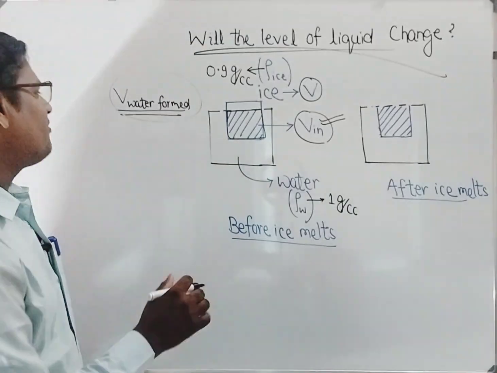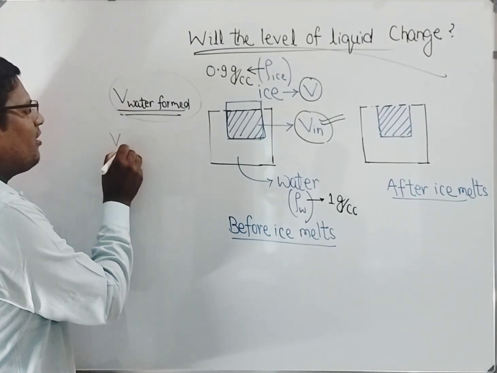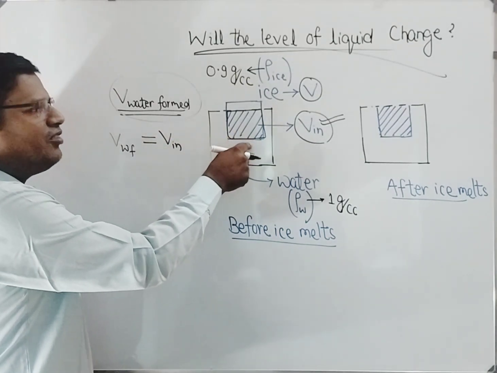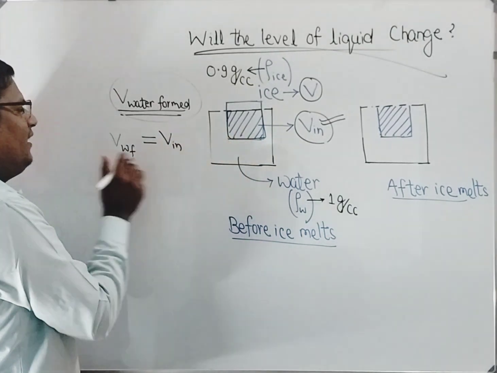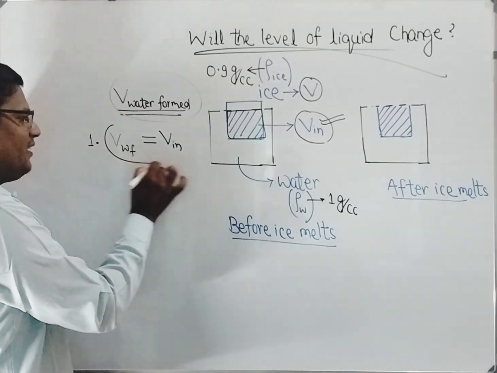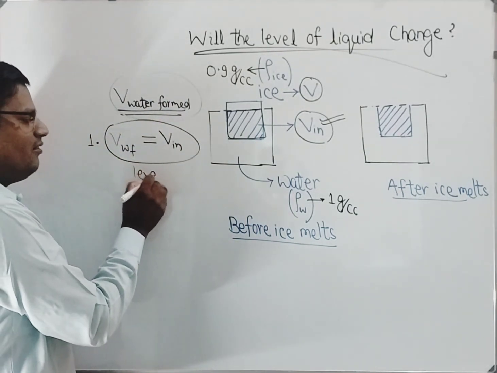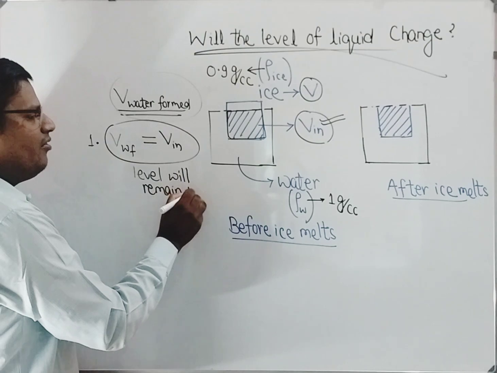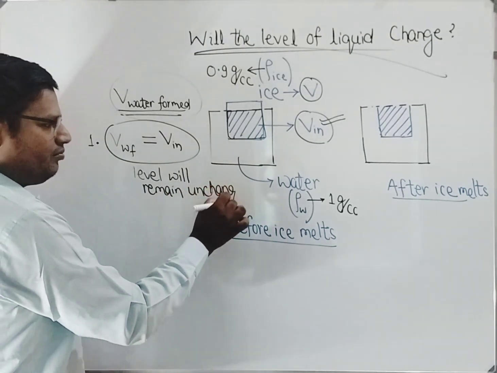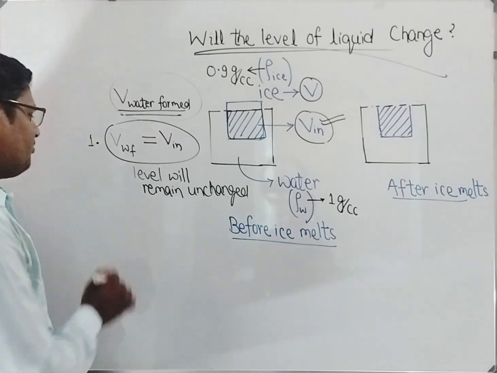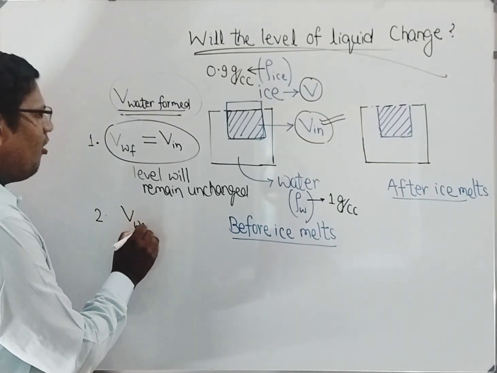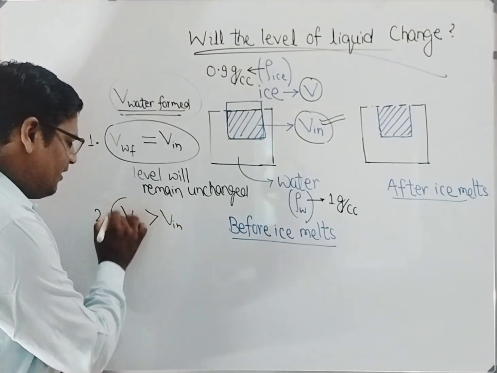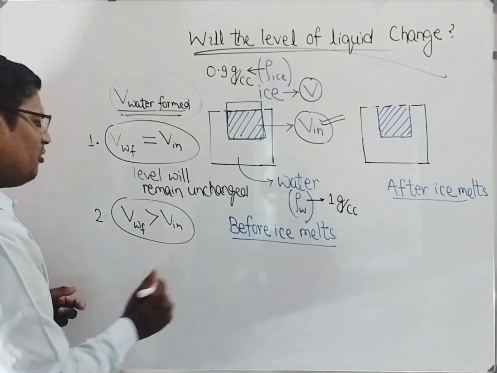What are the three conditions? If the volume of water formed is equal to the volume occupied by the ice, V in, this is case 1. If this is the case, the level will remain unchanged. Second case, if the volume of water formed is greater than V in, then the liquid will overflow.